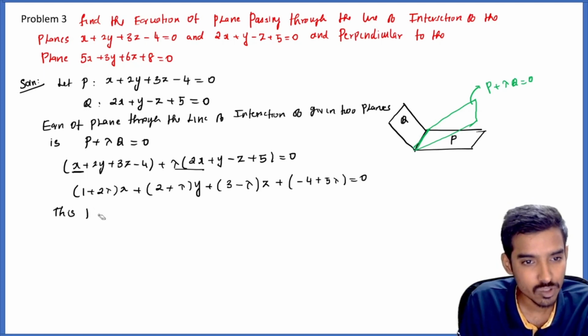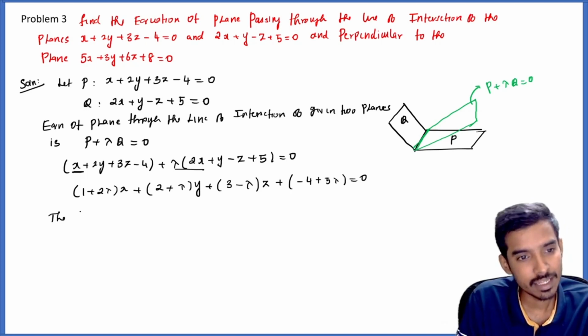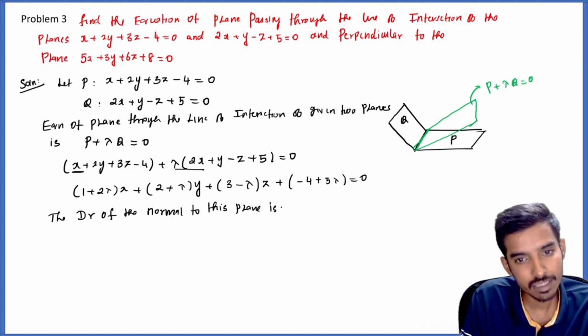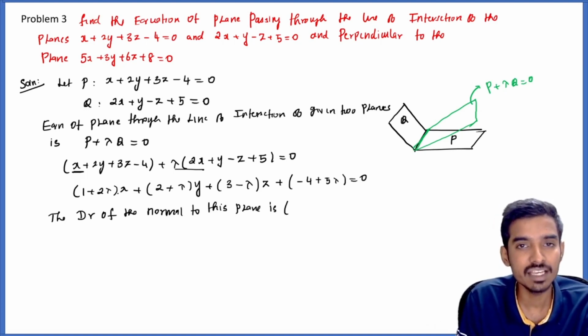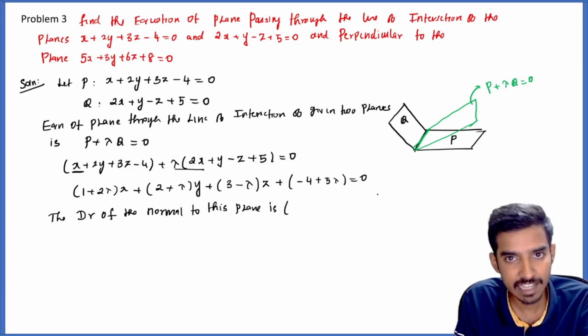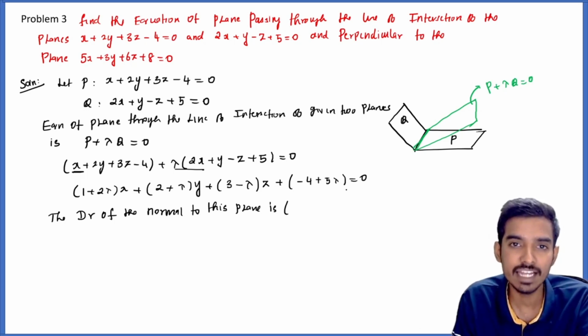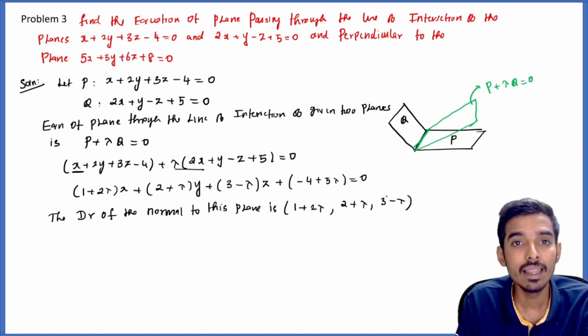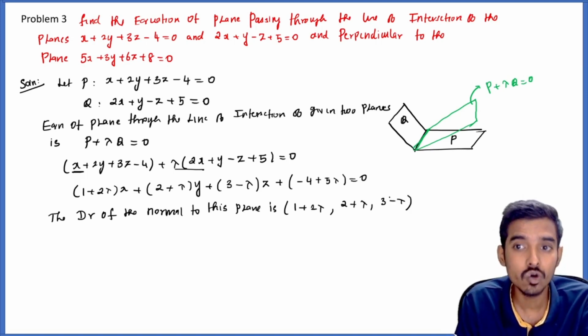For ax plus by plus cz plus d equal to 0, a, b, c is the direction ratio of the normal. So 1 plus 2 lambda, 2 plus lambda, 3 minus lambda is the direction ratio of the normal for this plane.